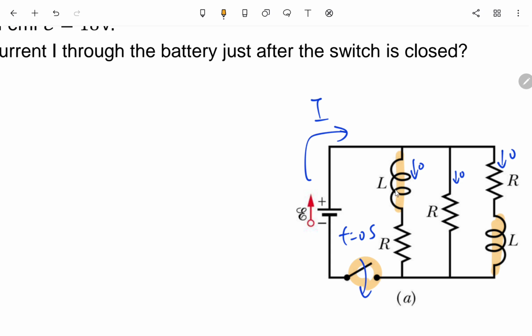The current before the switch is closed is 0, so just after the switch is closed, the current of this inductor should also be 0, and so is this resistor. So there won't be any current going through this path, and similarly for this one.